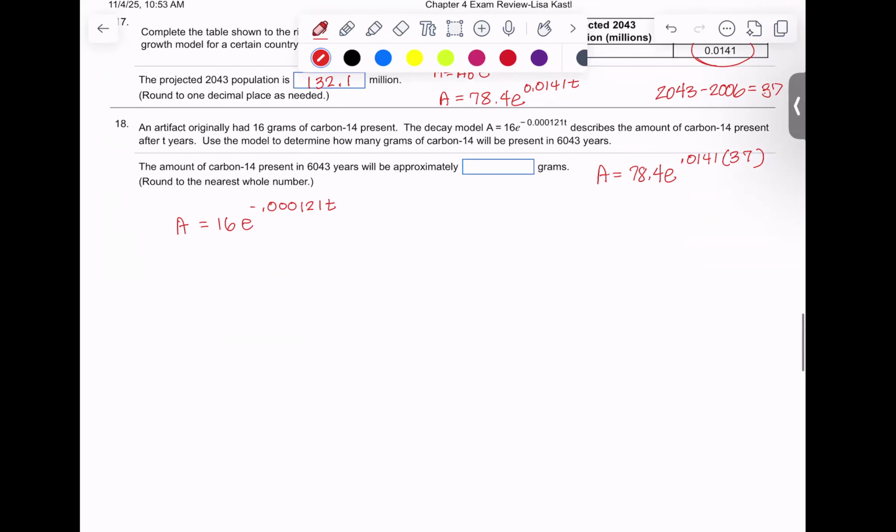So this is a plug and chug. A equals 16 times e to the minus 0.0000121 times how many years? 6,043. So we're going to put this in our calculators.